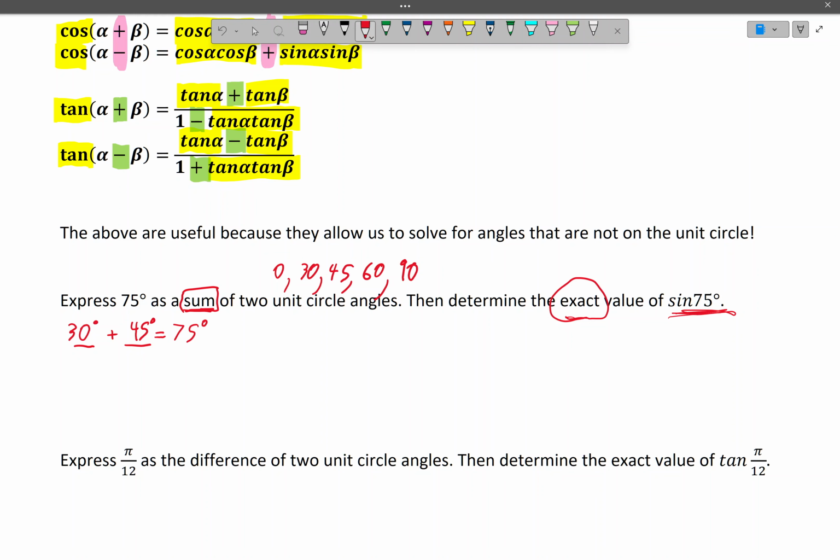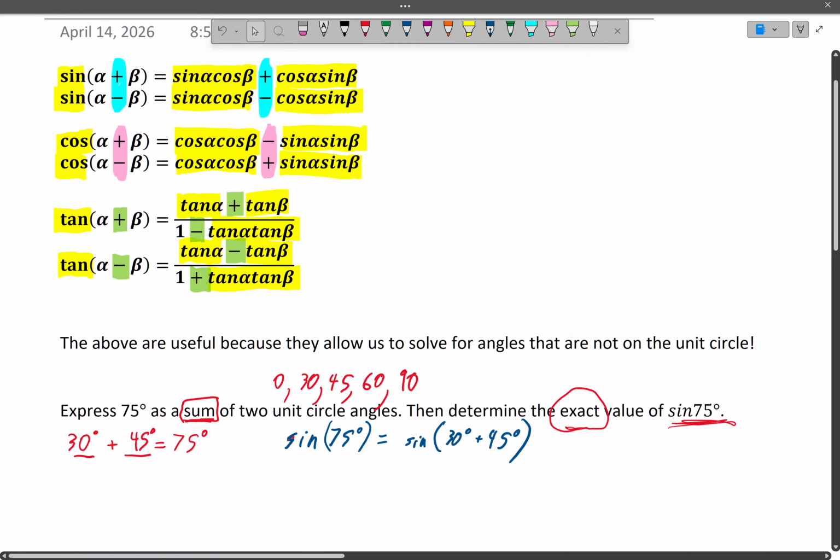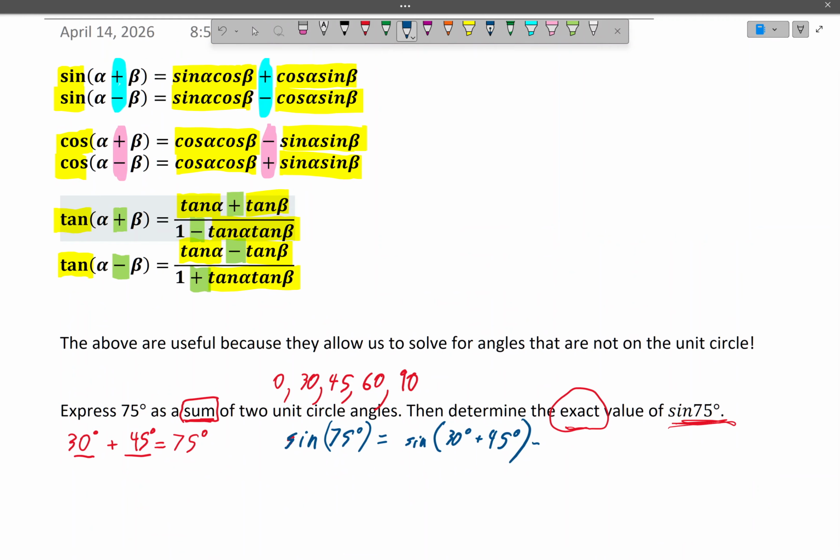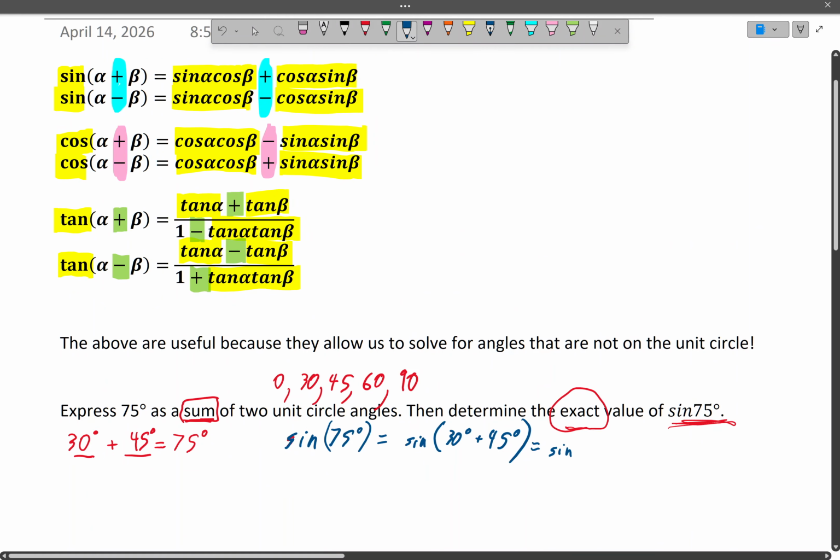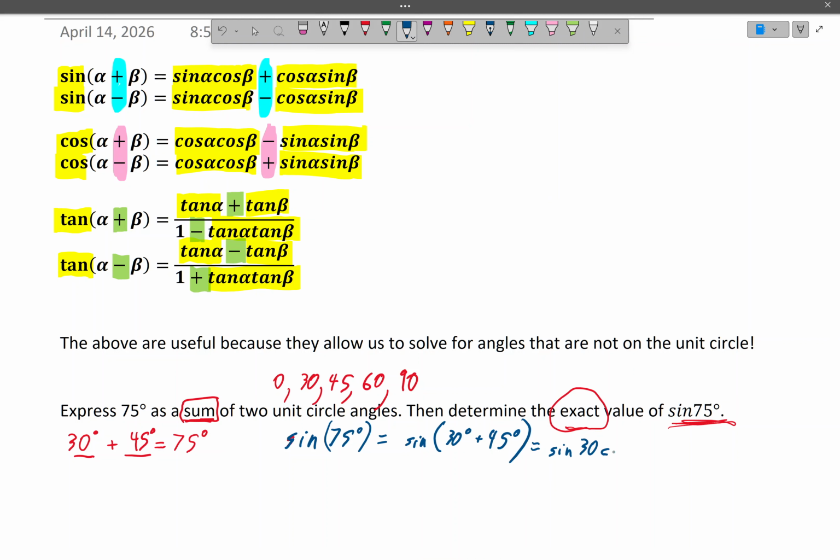Okay, and then determining the exact value, well, what we can say is sine of 75 degrees is like saying sine of 30 degrees plus 45 degrees, which means we can go back to our sine sum identity, which is going to be sine alpha, which is 30 in this case, cos beta, which is 45 in this case, plus cos alpha, which is 30, sine beta, which is 45.